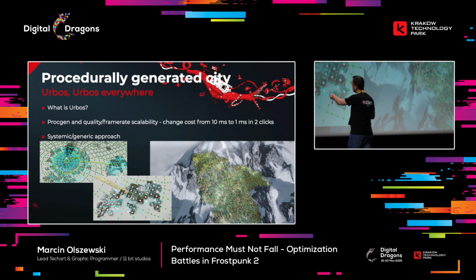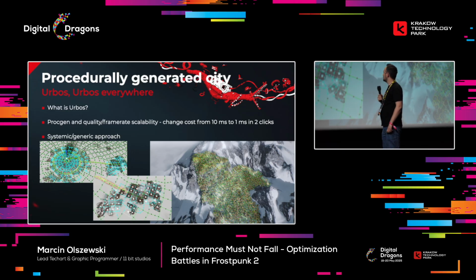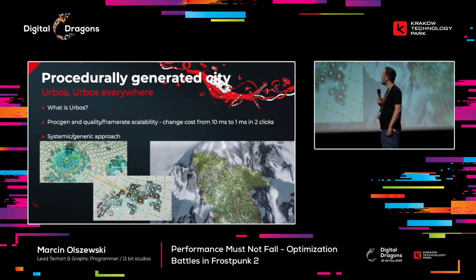As you can see on this screen for L-system roads, for grids, each dot is a single tile. So there are hundreds of tiles rendered, and if we wouldn't have something predictable, our frame time would probably skyrocket instantly.